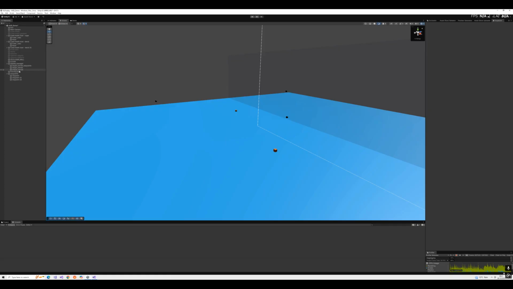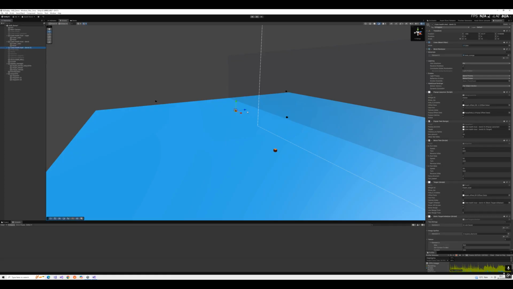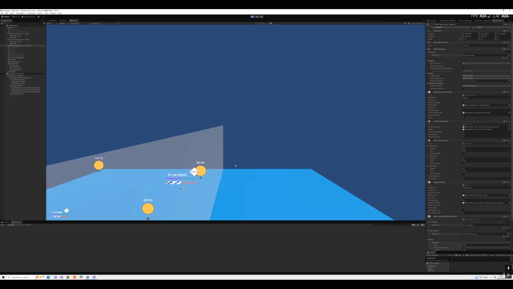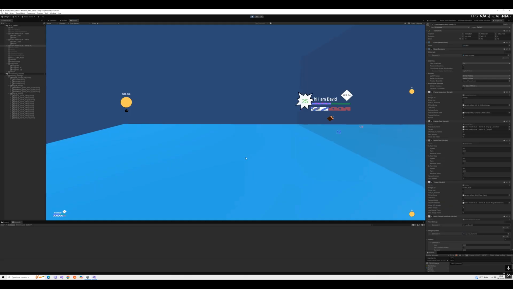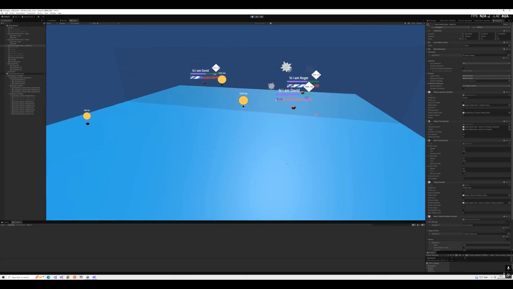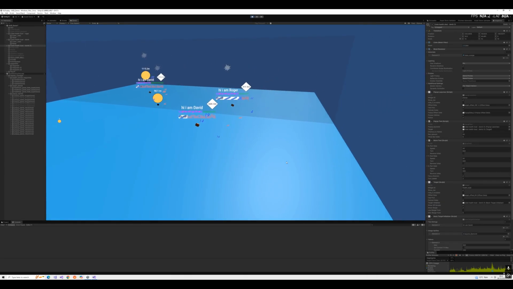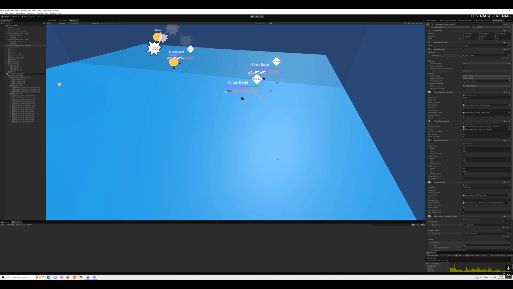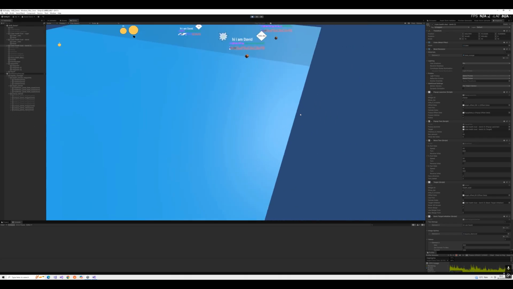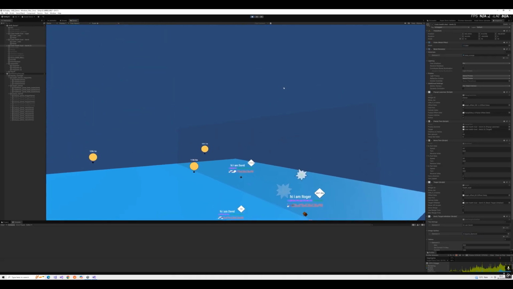So again, space them out. So it's ordering these NPCs. It's not ordering the waypoints at the moment. But, you know, you can see that the nearest UI, the nearest cube's UI is on top of the furthest cube's UI. This should be pretty obvious now.